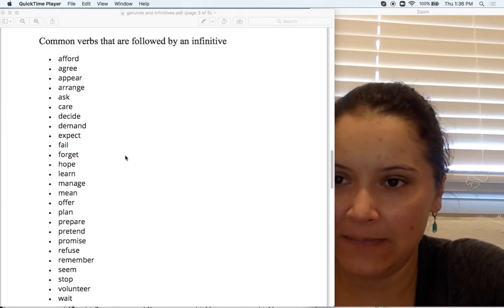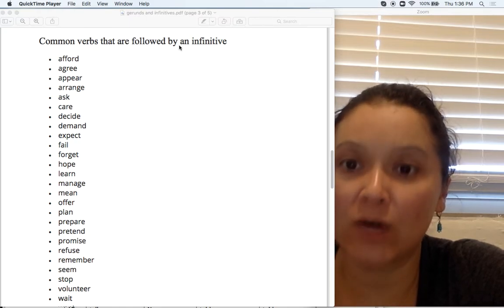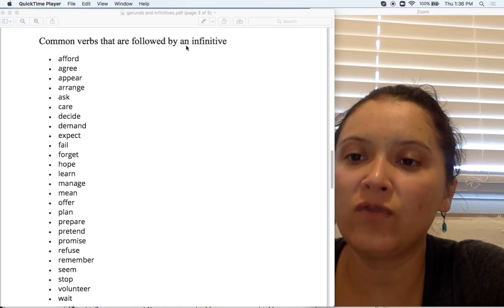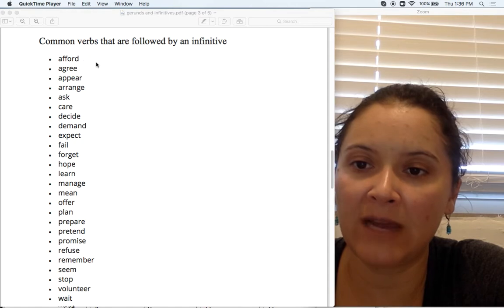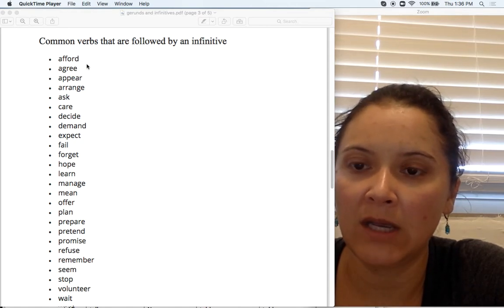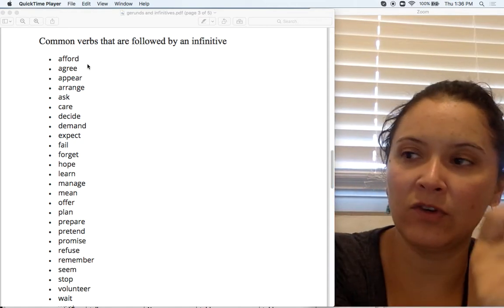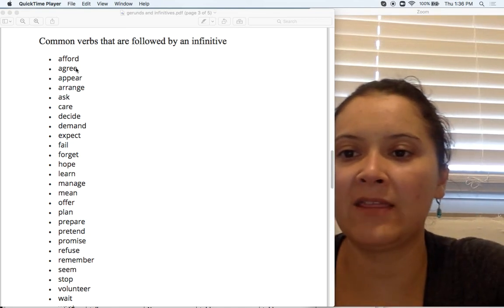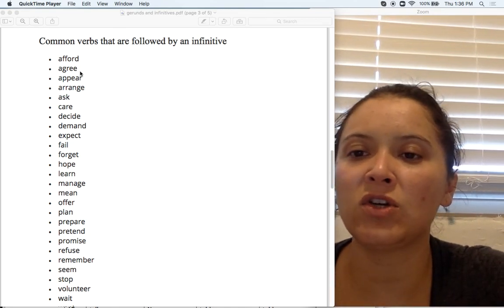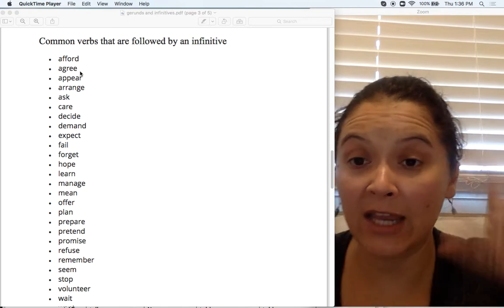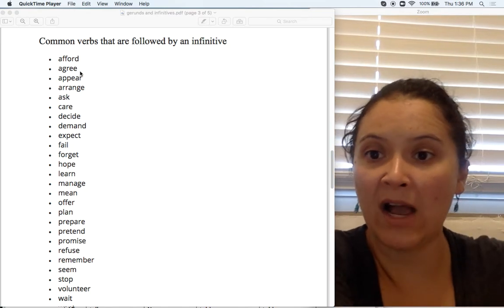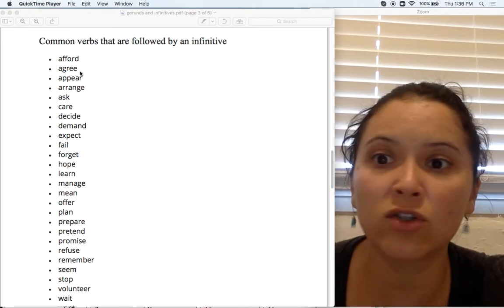In this case, these are the ones that are followed by an infinitive, meaning that the verb that goes after here is to, and then the verb, like this. I agreed to go to your house yesterday. I agreed to go to your house, not I agreed to going to your house.